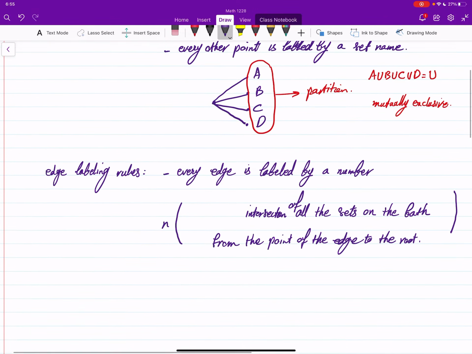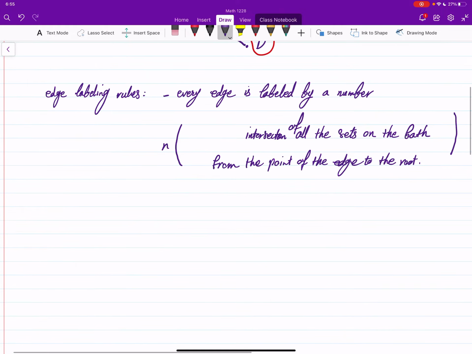Let me show you how this works. Let's say the first edge comes out labeled A. One of the best partitions is when you take A, and for the other point you take A complement.